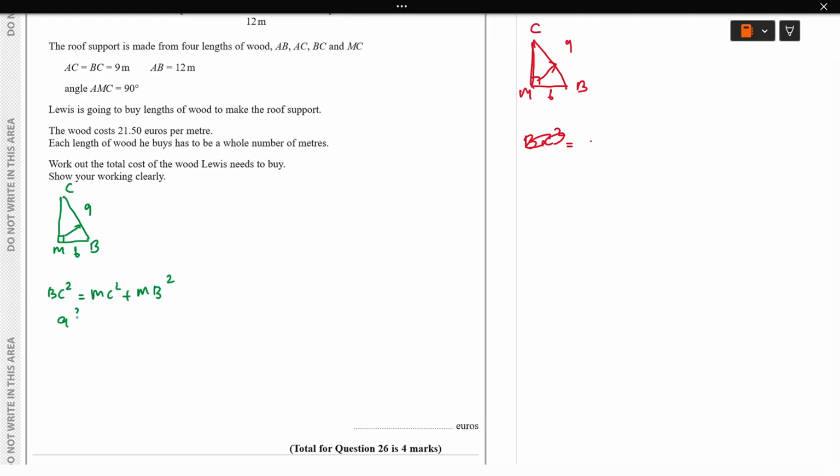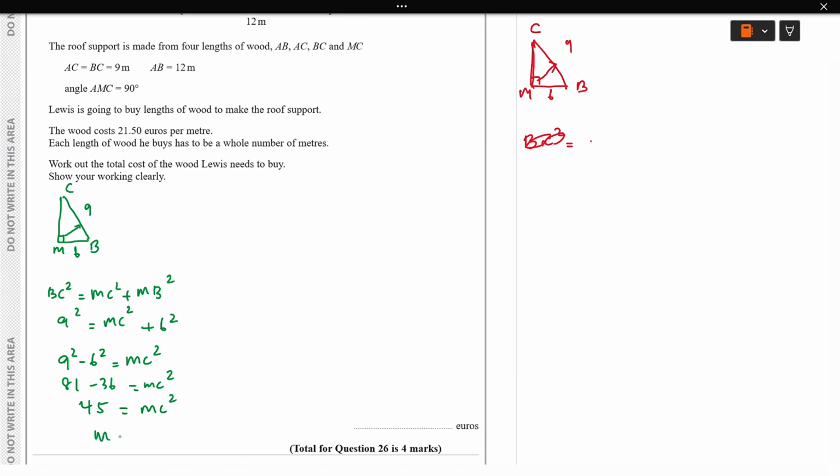BC is 9. So 9 square equals MC square plus 6 square. I'll bring the 6 square to this side. So 9 square minus 6 square equals MC square. 9 square is 81 minus 36 equals MC square, which is 45 equals MC square.